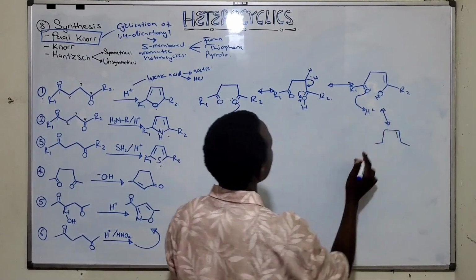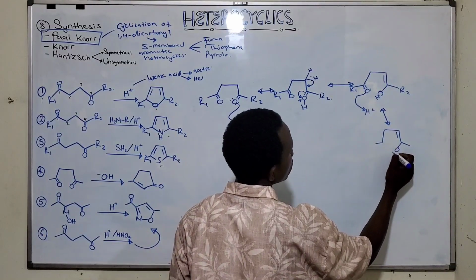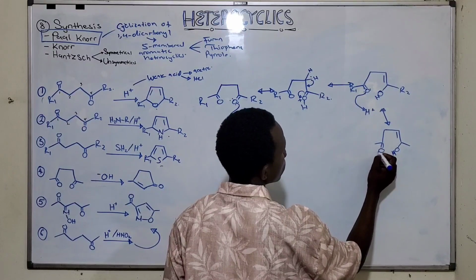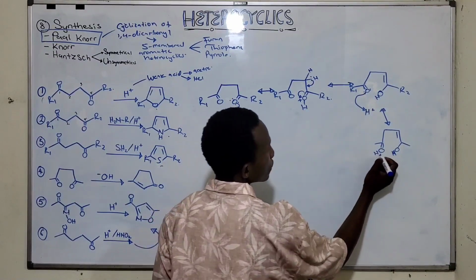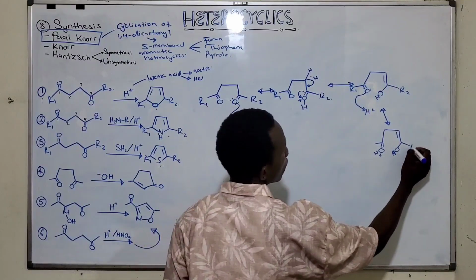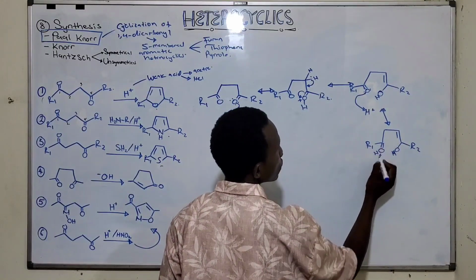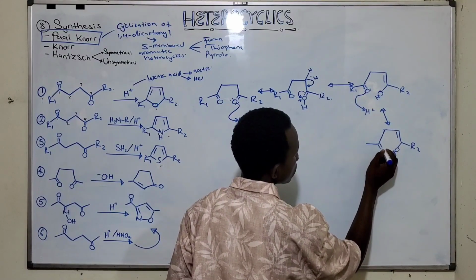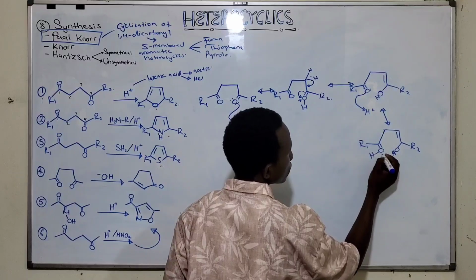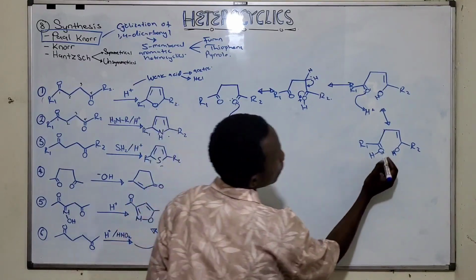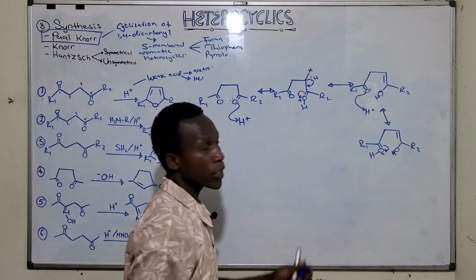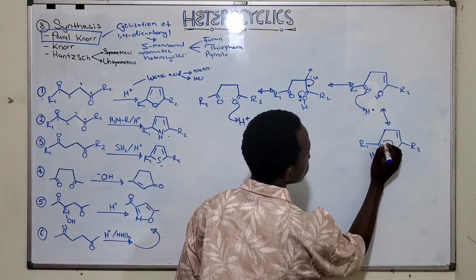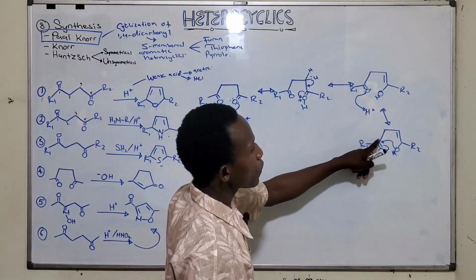Here we're having OH, then having this with hydrogens. Now a plus, then R2 and R1. It's a plus. Now, it will pull electrons toward itself such that it stabilizes.